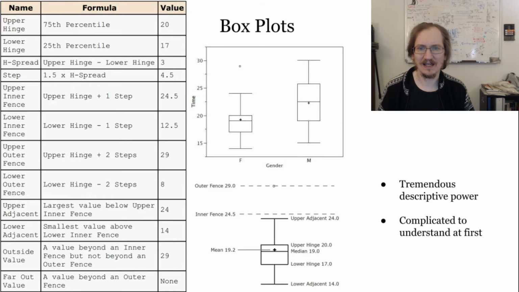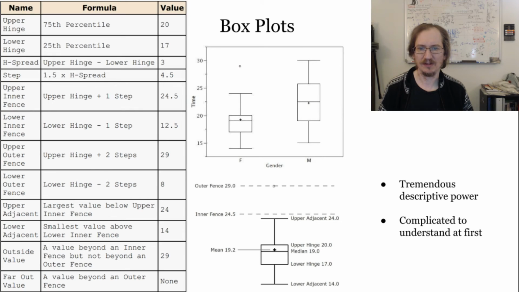And you can see that, like I said, once again, in the middle graph. This little dot here under the female gender. So the upper adjacent and lower adjacent are just the largest value and smallest value below the upper and above the lower inner fences.